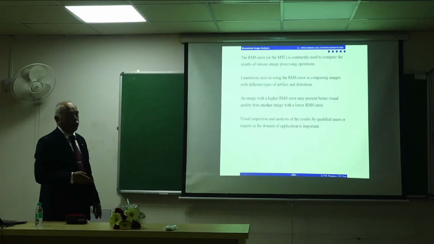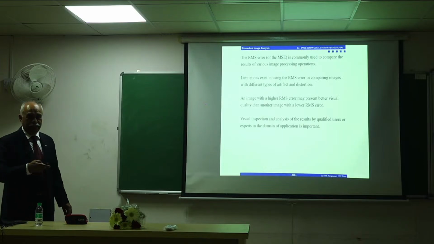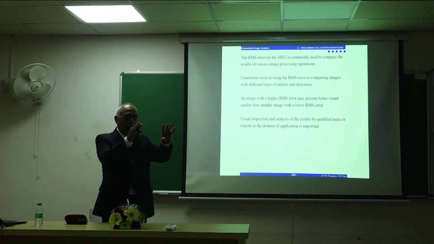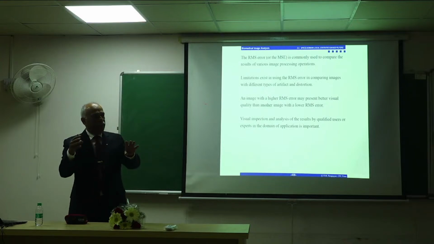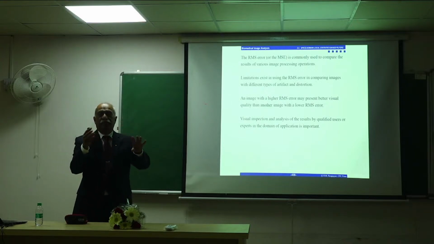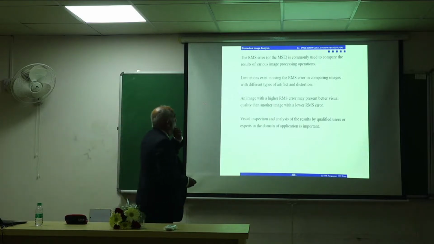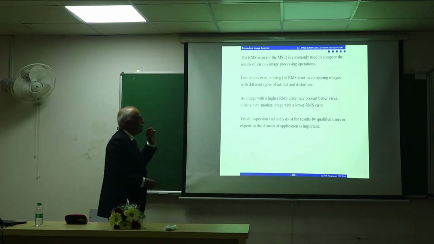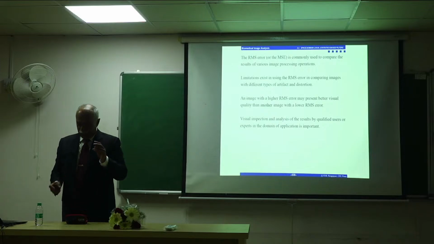The root mean square error or mean squared error, MSE, are used to compare results of various image processing systems. If you have a test image, you can take the distance between the test image and the various filtered images, or the noisy images and the filtered images. You need some reference. An image with a higher RMS error may present better visual quality than another with a lower RMS error.